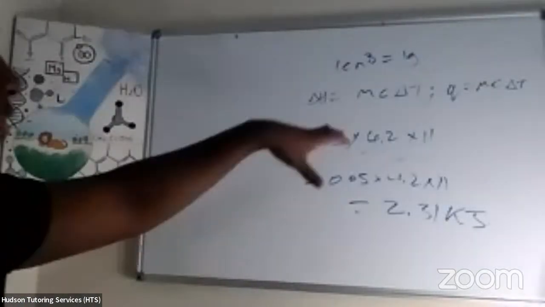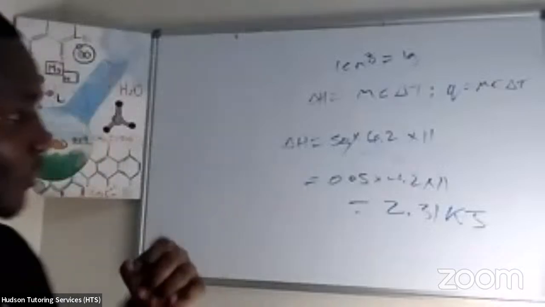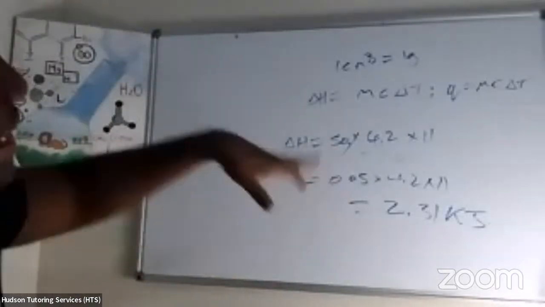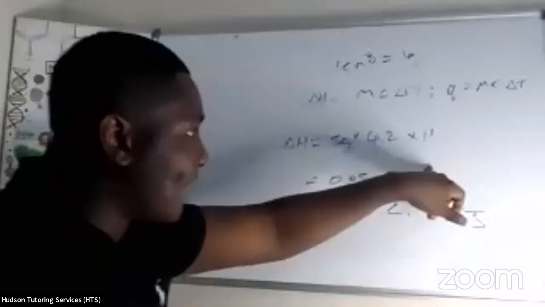As I was saying, M is the overall mass of the solution. That mass would have to take into consideration the mass of HCl as well as the mass of the potassium hydroxide. So that would be 25 plus another 25, which is 50. C is the specific heat capacity, which is 4.2, and delta T is 11.